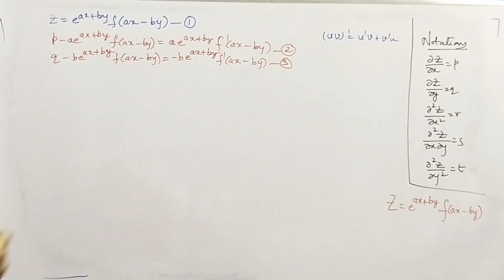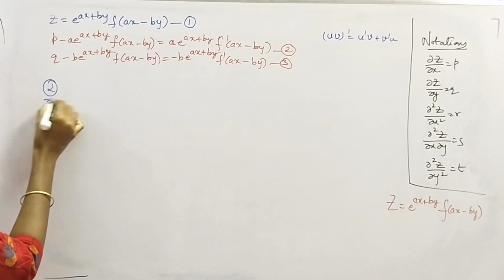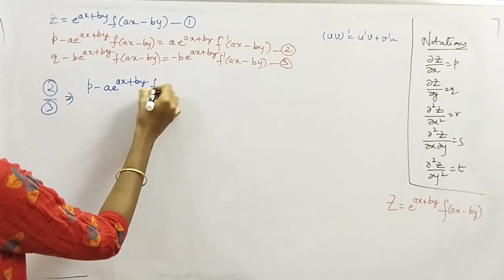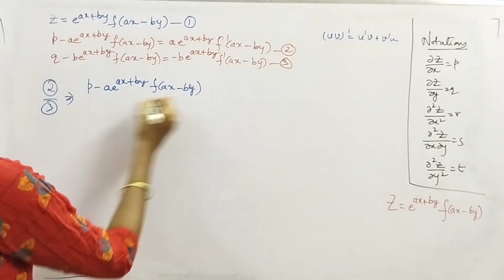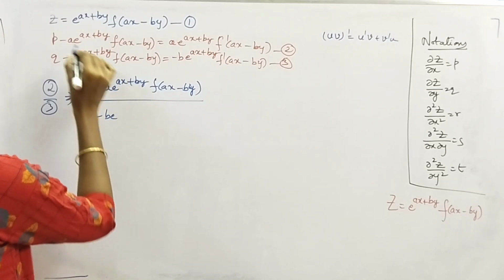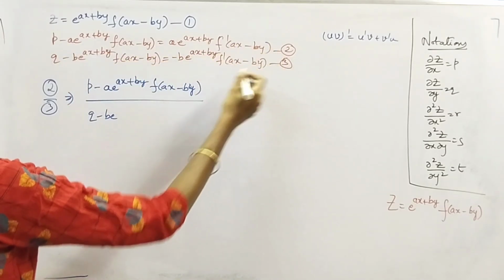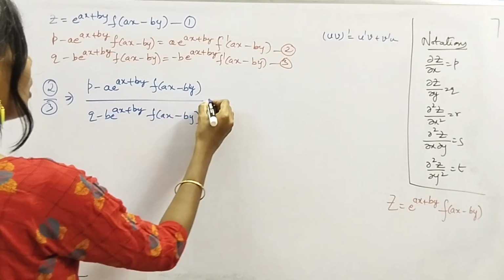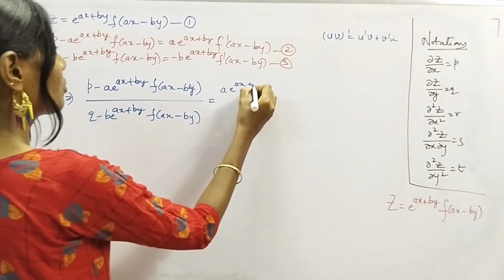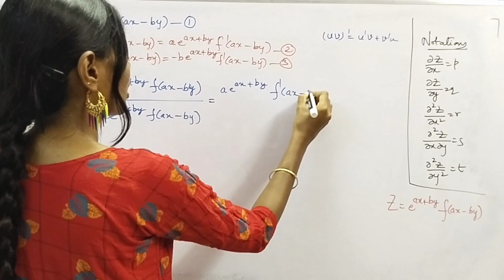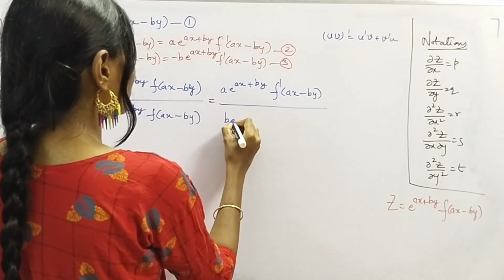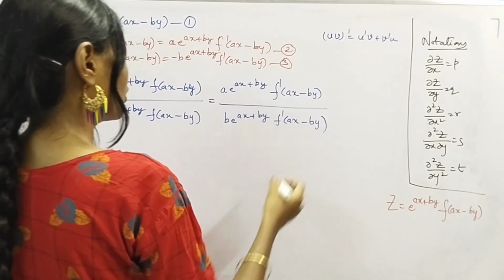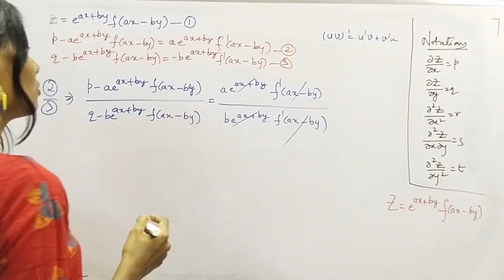Now using 2 by 3, LHS of 2 by LHS of 3 equal to RHS of 2 by RHS of 3. That gives us p minus a into e power ax plus by into f of ax minus by over q minus b into e power ax plus by into f of ax minus by equal to RHS of 2, a into e power ax plus by into f dash of ax minus by, over b into e power ax plus by into f dash of ax minus by. Right, now you can cancel f dash and e power ax plus by.